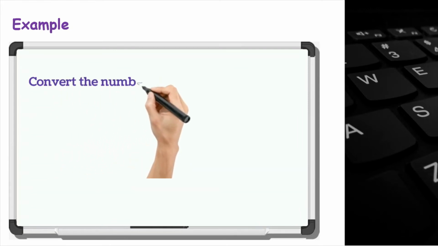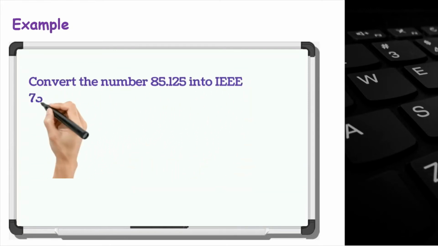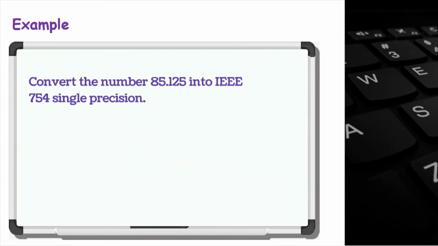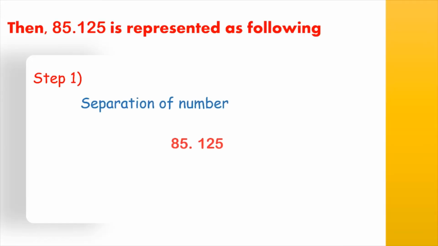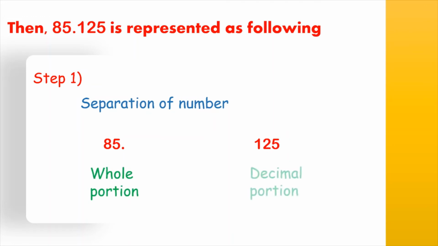Now we see one example. Convert the number 85.125 into IEEE 754 single precision. Now in step 1, the separation of the number is done. The number is separated into a whole portion and a decimal portion.